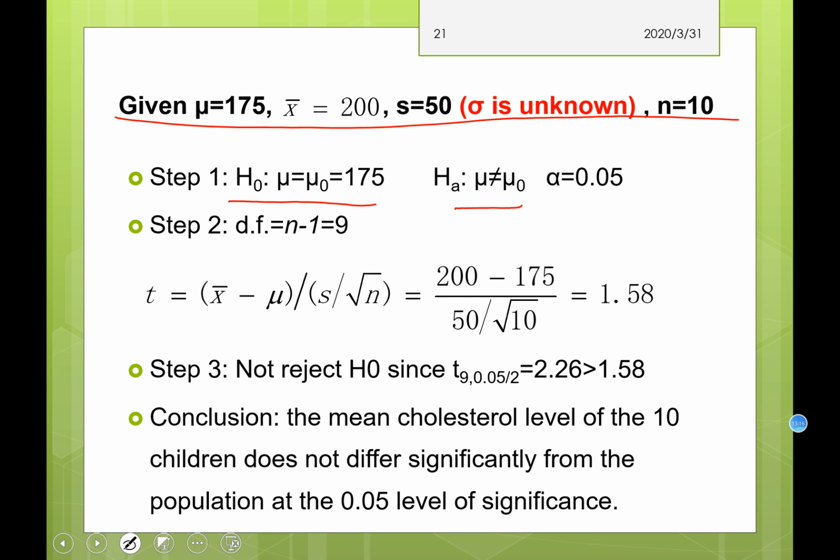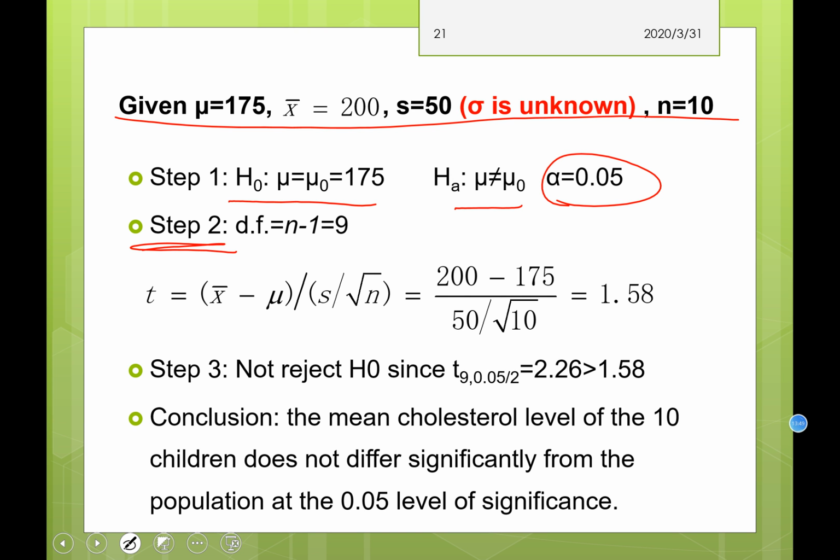So HA is mu is not equal to mu0. And don't forget to set the level of significance. So that is alpha, and we choose the most commonly used number 0.05 as the significance level. This is step 1.